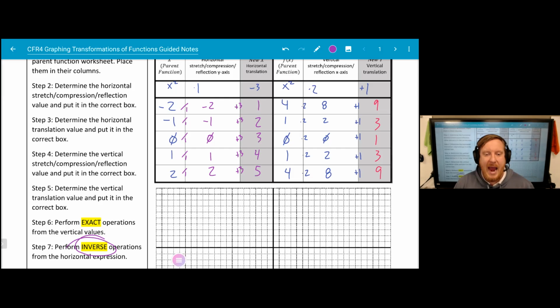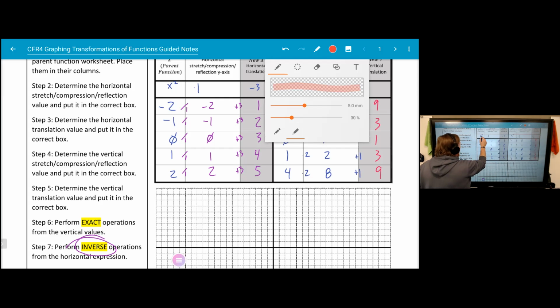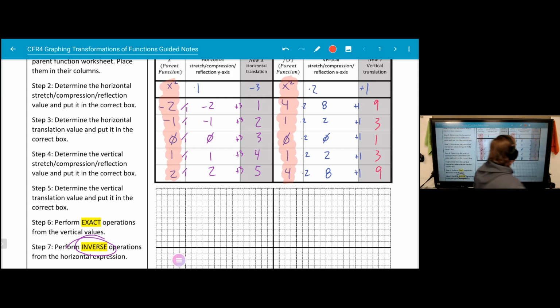So here's what we have right now. I have, at my disposal, my parent function values, my critical values. I'll put those right here. Those are my x and y's. And now I have the transformed values.